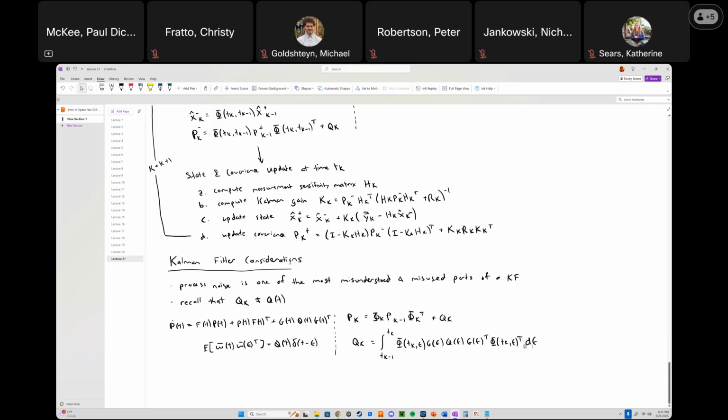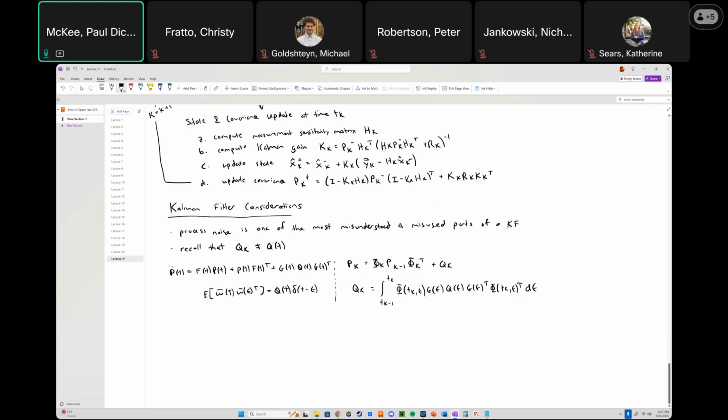Okay, this is where I want to be abundantly clear. This Q and this Q are not the same. This Q and this Q are the same. We don't want to get that confused. There are two Qs floating around here.